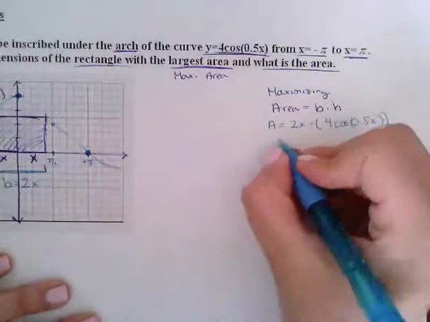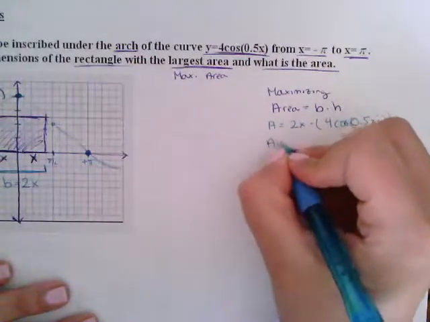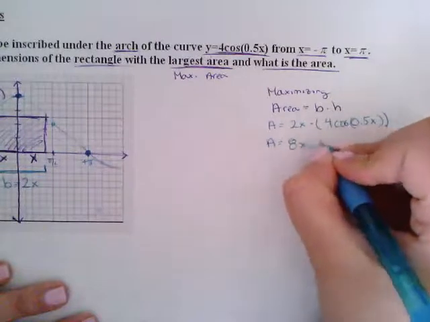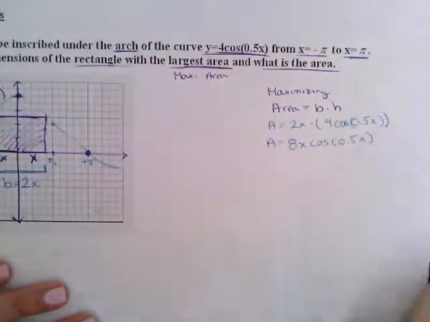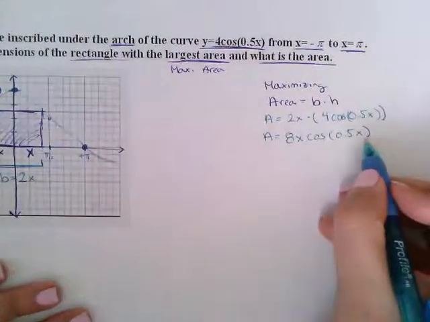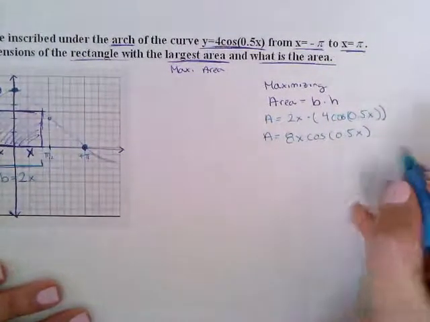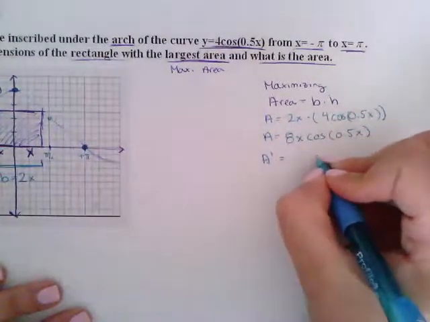So if I just distribute that 2x or multiply everything out, I get area equals 8x cosine of 0.5x. Do I have only one variable in the equation?